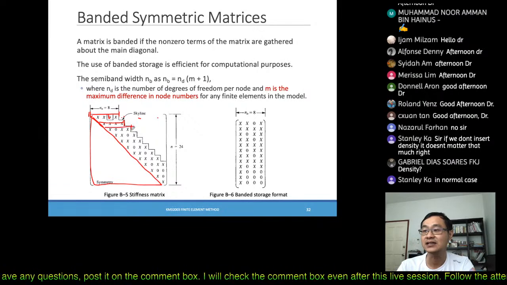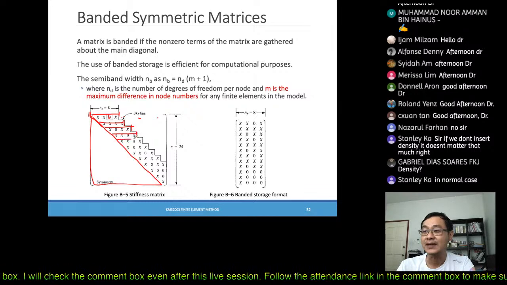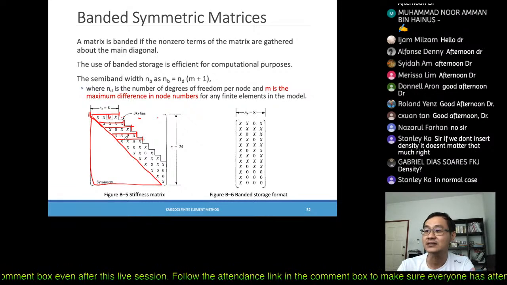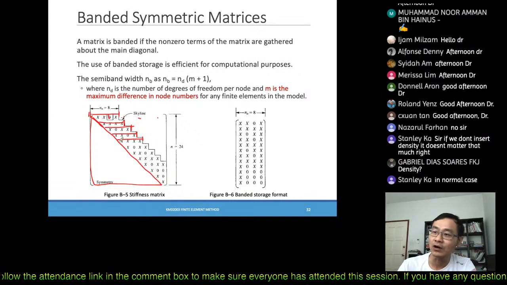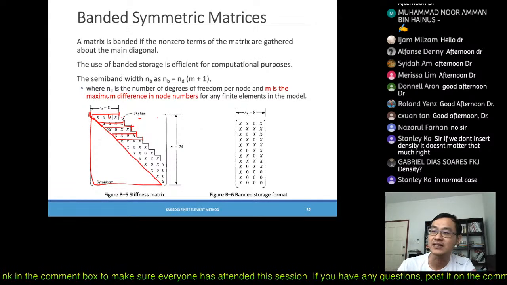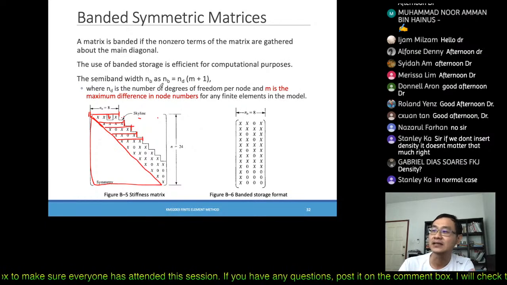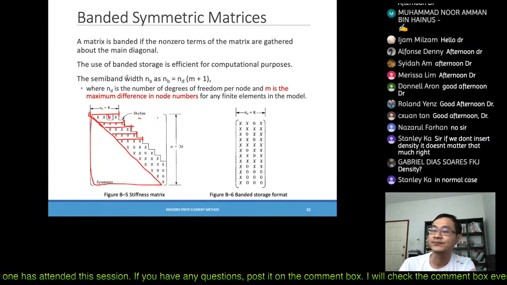So you can see that in this case, for a semi part, half of this, the semi band itself is 4, so double of it, because you have the other side, is 8. So how can we calculate this?